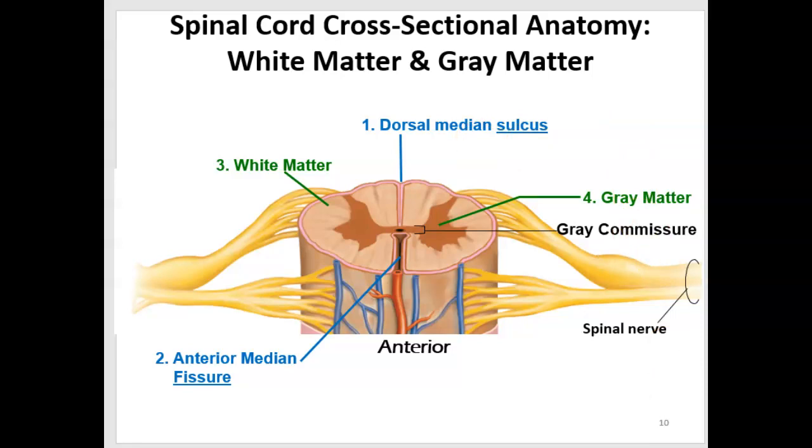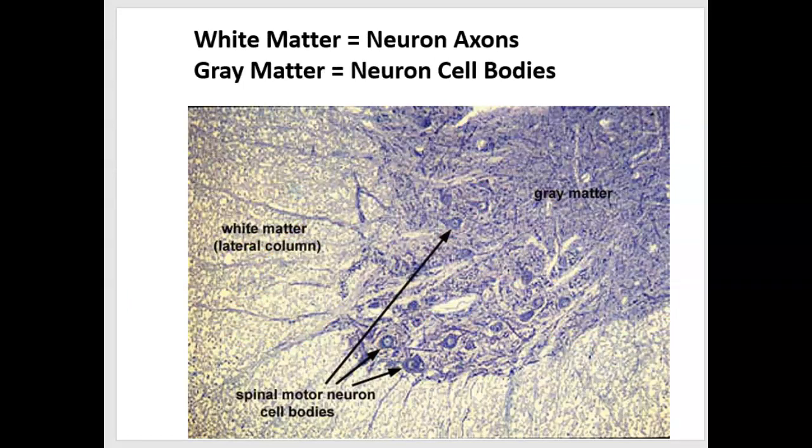If we were to look at white matter and gray matter in the spinal cord under the microscope, this is what we would see. We would see cell bodies of neurons located in the gray matter, particularly here, because I know this is anterior. And so this is where motor neurons are going to be sending out axons. And then the white matter appears lighter because of the presence of myelin.